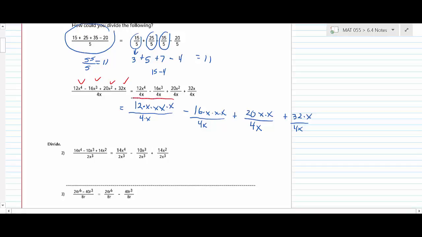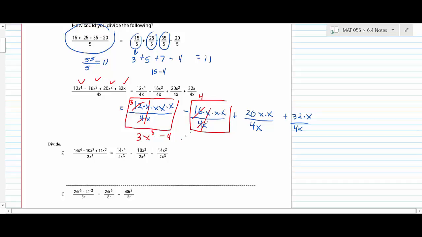On this fraction right here, 12 over 4 is 3, right? One of the x's crosses out, so you're left with a 3, and then you have 3 x's, so that's x to the third. That's what you're doing, just reducing. If you go to the next one, 16 over 4 is 4, so we have minus 4. And again, one of the x's crosses out.